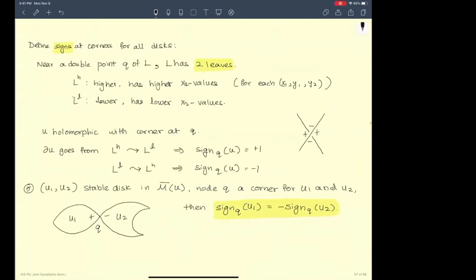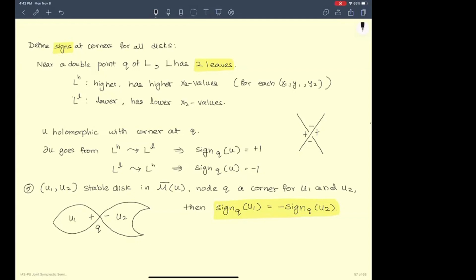Okay. And then we have this lemma, which should not look too surprising. If you have a stable disk, meaning a broken one with a node, and that node is a corner, so it does come at one of these double points, then the signs have to be opposite. Like Barsh said, it can come in the middle and then this is not there. But whenever this makes sense, you have to have opposite signs.